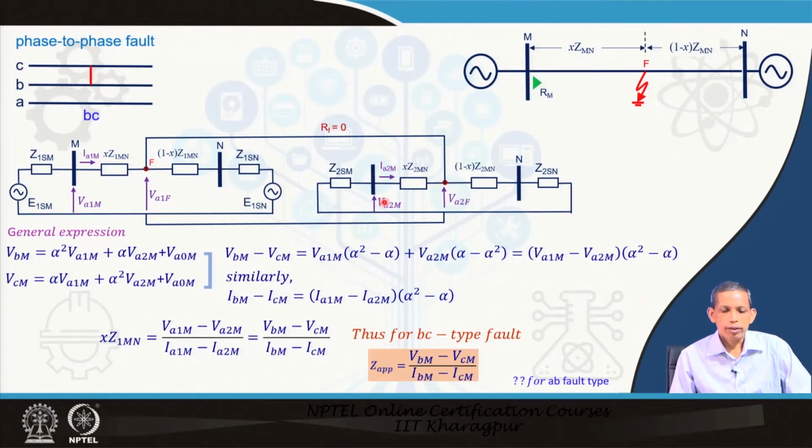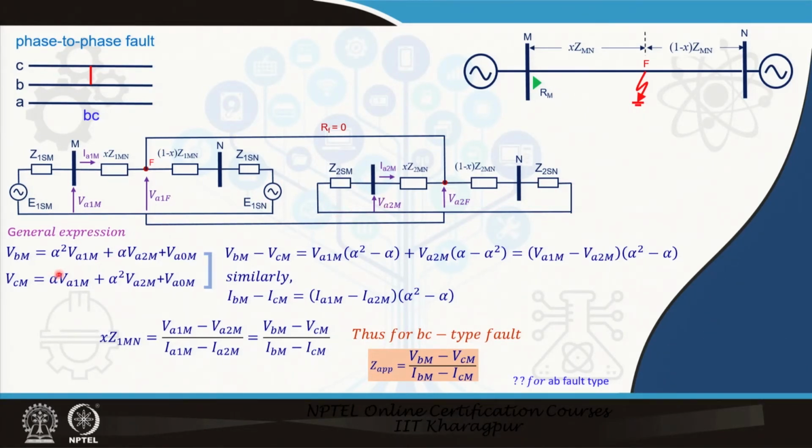From the same diagram which we saw earlier, we will continue to consider how we can represent the corresponding sequence voltages and currents in terms of the phase voltages and currents.